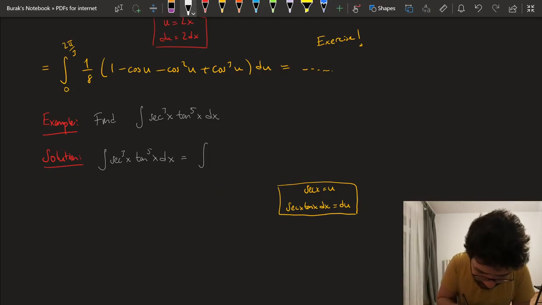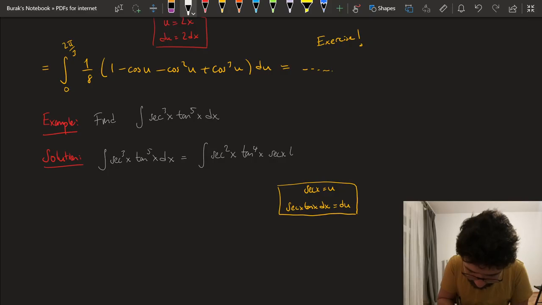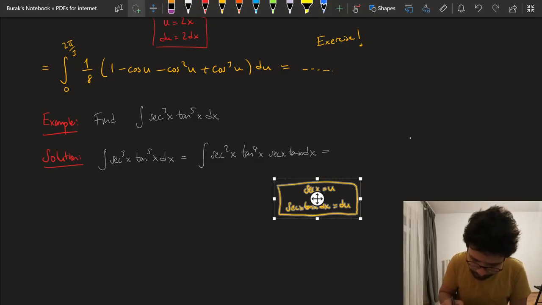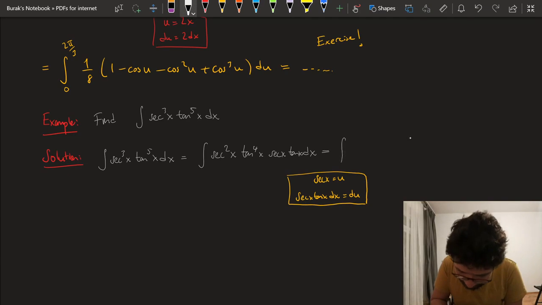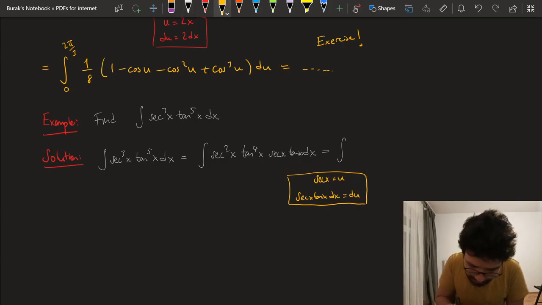So I'm going to separate one secant from this and one tangent from this, and I'm going to write secant x tangent x dx over here. And when I do the substitution now, you see, this whole expression will be my du. So I need to express these in terms of u, but that's actually easy, because I am also going to use the following fact: 1 plus tangent squared x is secant squared x.